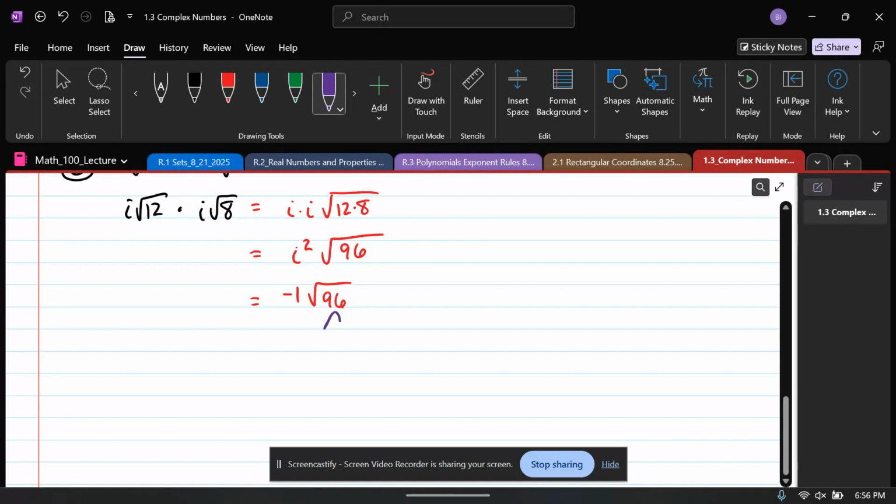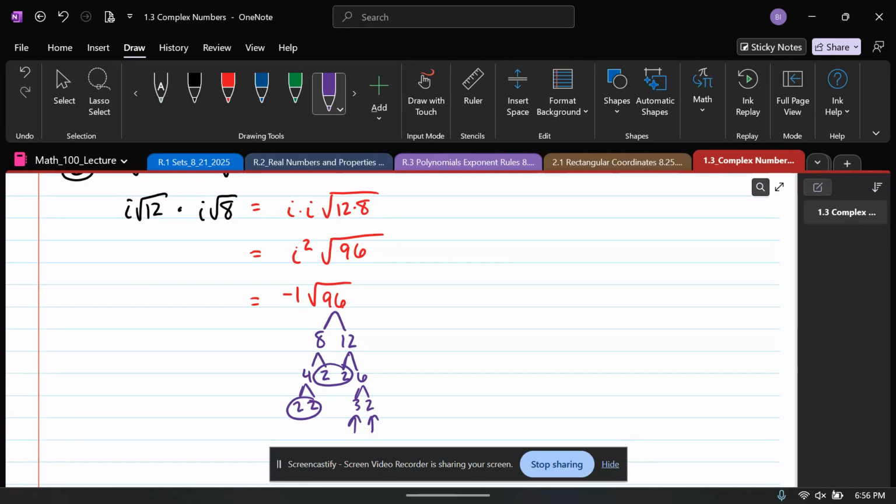So factor tree on the 96. I got it from 12 times 8. That's 4 and 2. That's 2 and 2. It's 2 and 6. It's 3 and 2. So I got one pair of 2s, two pairs of 2s. Then I got a 3 and a 2 that don't have a buddy. So that's going to be negative 1 times 2 times 2, radical 3 times 2.